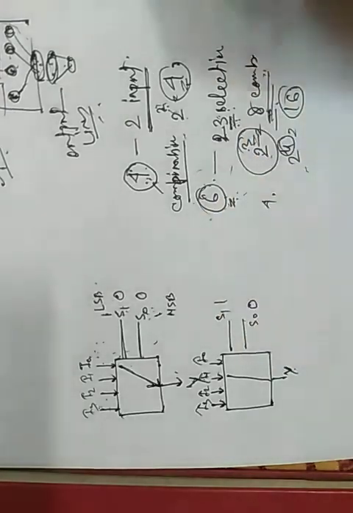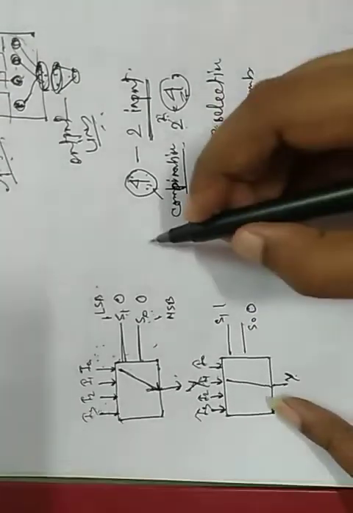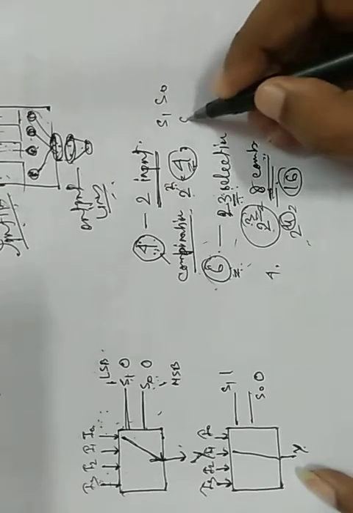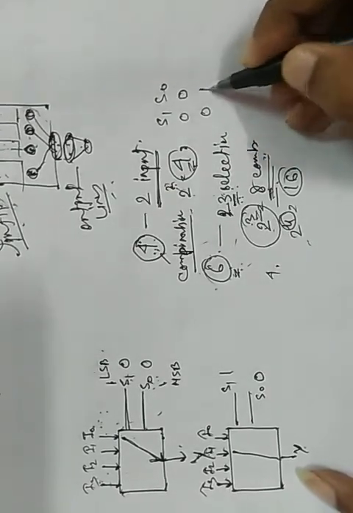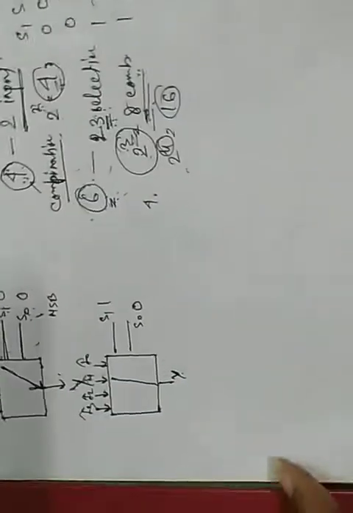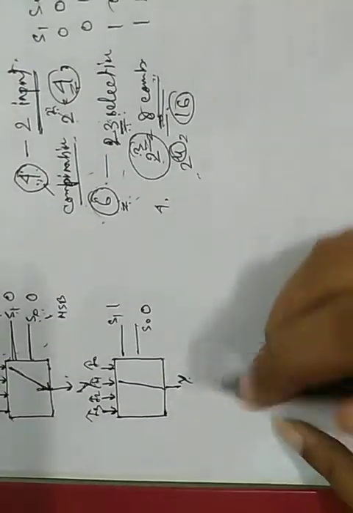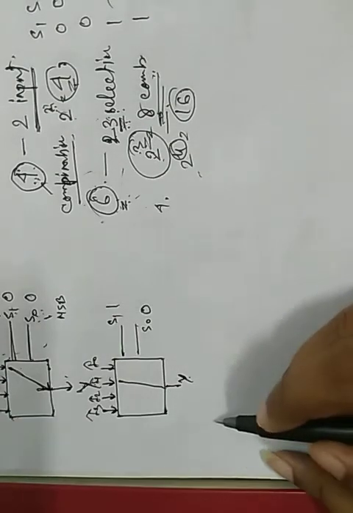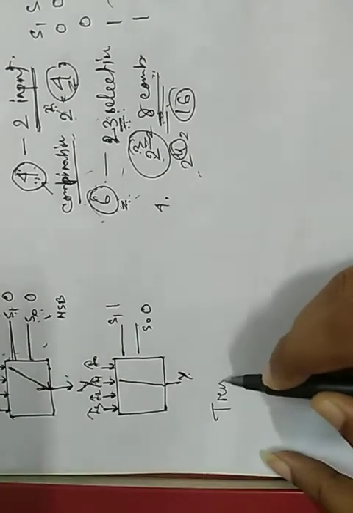We know S1 and S0 give 4 combinations: 0 0, 0 1, 1 0, 1 1. So our truth table, according to this, will be like this.